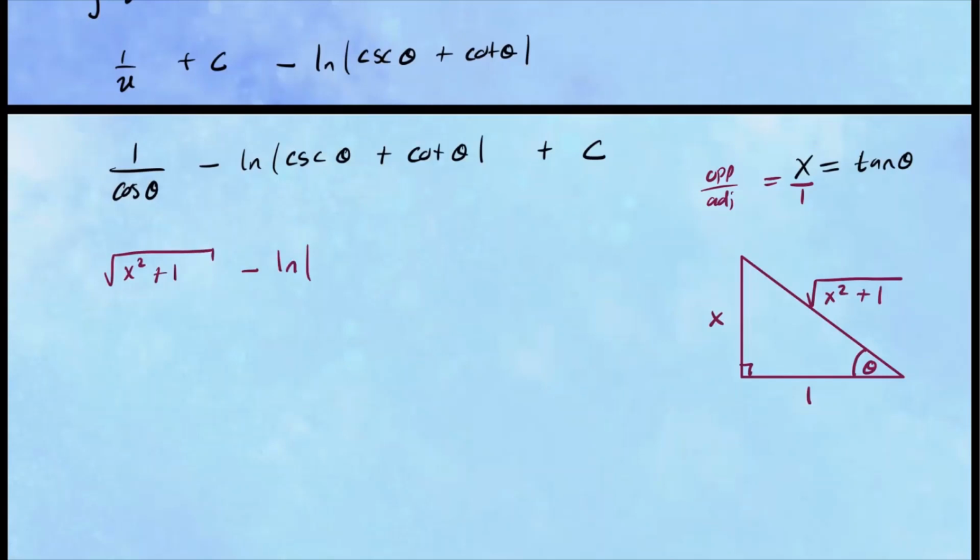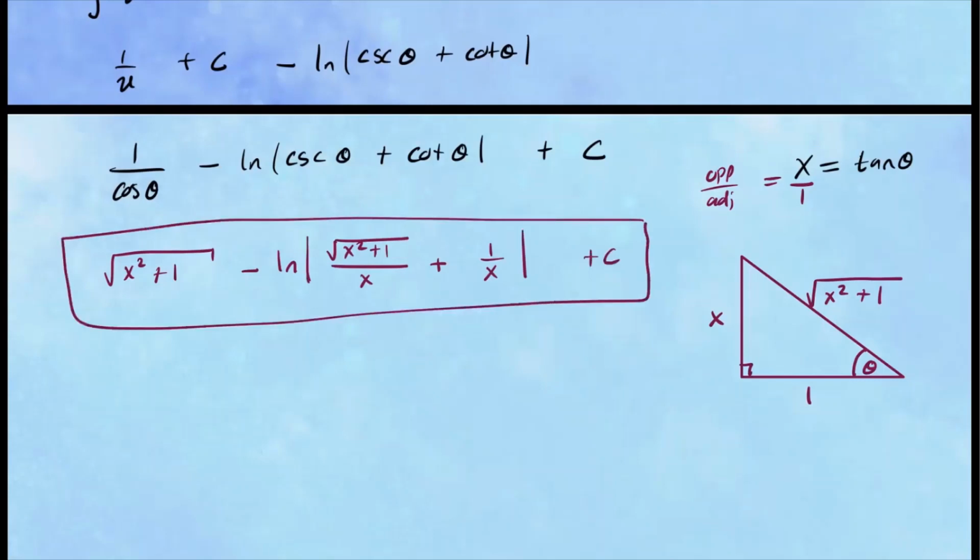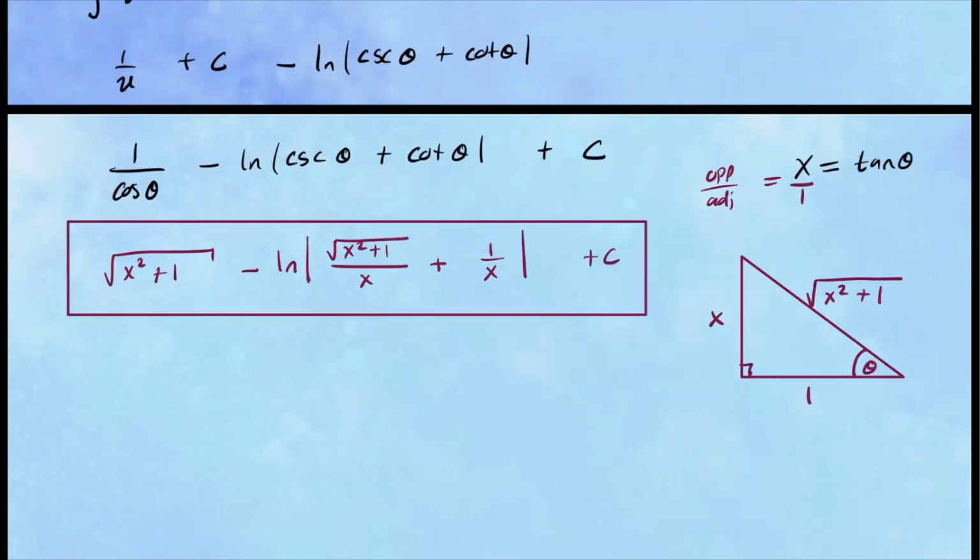So sine is opposite over hypotenuse. So cosecant will be hypotenuse. So that's square root of x squared plus 1 over opposite plus, and then cotangent is adjacent over opposite. So this is 1 over x in absolute value plus c. So there you have it. This is our final answer for this problem.